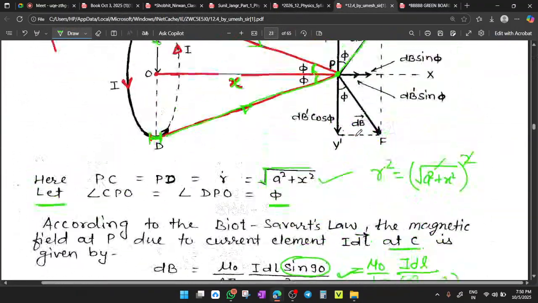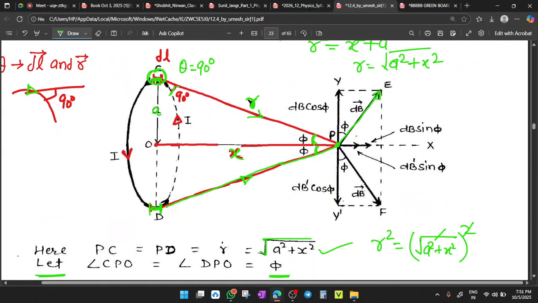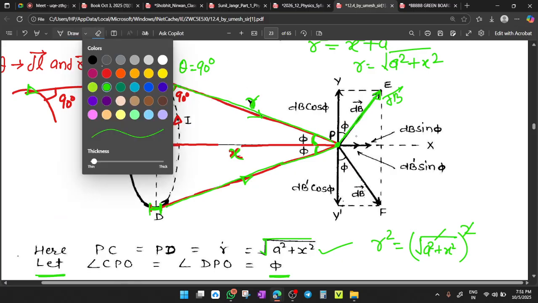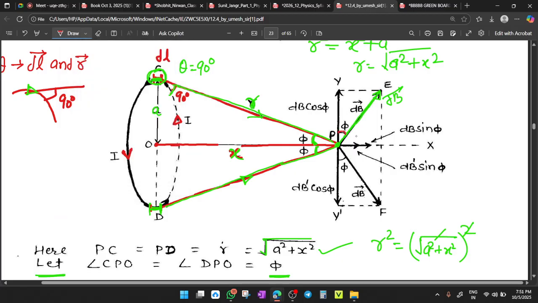See here in this diagram. If vector R makes an angle phi with the x-axis, then the vector perpendicular to R, that is the dB vector, will make the same angle phi with the y-axis. Clear or not clear? It will make the same angle phi with the y-axis.